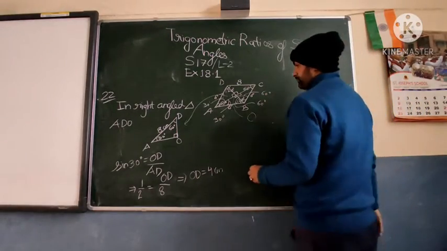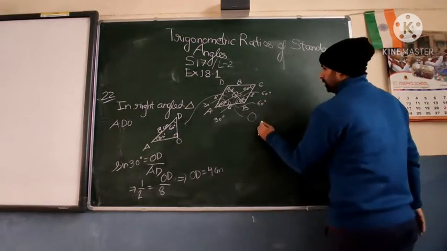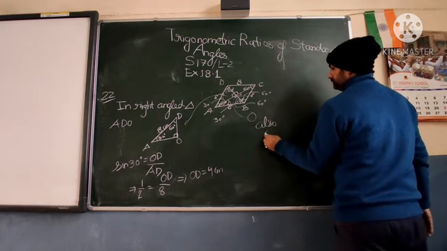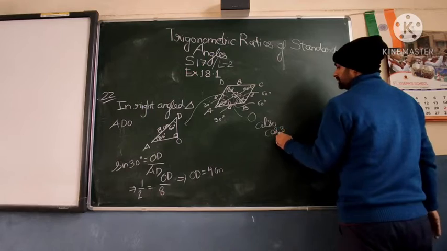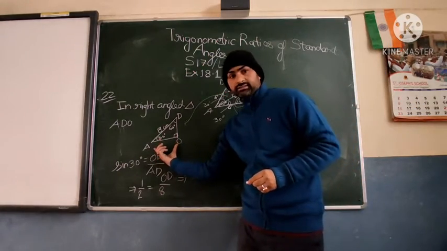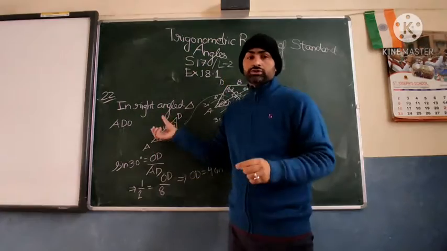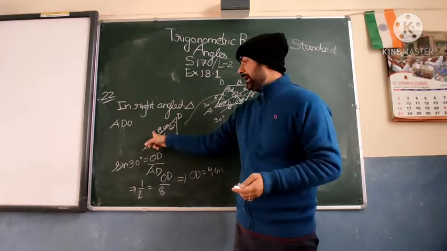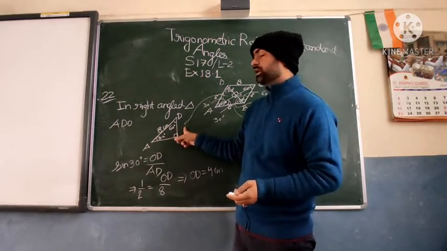Okay. After this, also cos 30 degrees equal to what? Now cos 30 will be base upon hypotenuse. Either you can go this way or you can use the Pythagoras theorem. Hypotenuse you are knowing, this side you are knowing, height you are knowing.